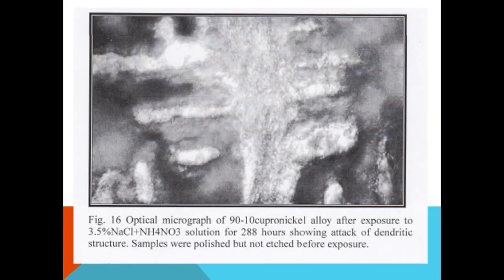Figure 16, optical micrograph of 90-10 copper-nickel alloy after exposure to 3.5% NaCl plus NH4NO3 solution for 288 hours, showing attack of dendritic structure. Samples were polished but not etched before exposure.